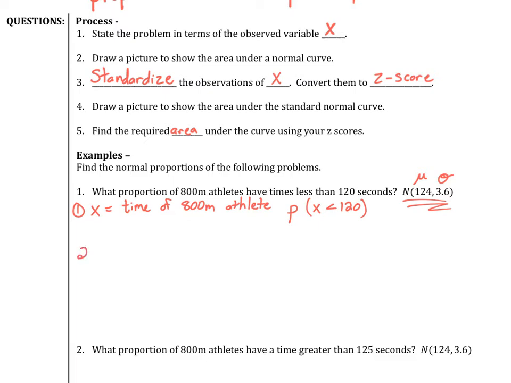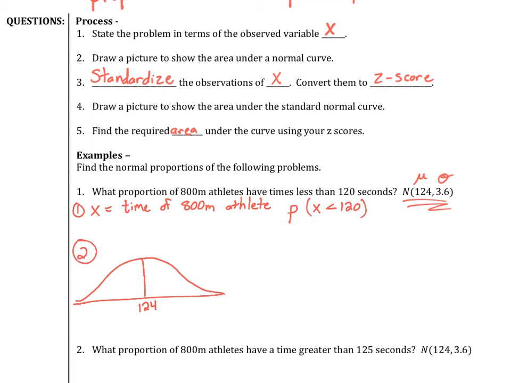Step 2. After you define your variable, your x, we're going to draw a picture to show the area under a normal curve. So we draw the normal curve. In the middle of your normal curve, you will put the average, or the mean, which is 124.